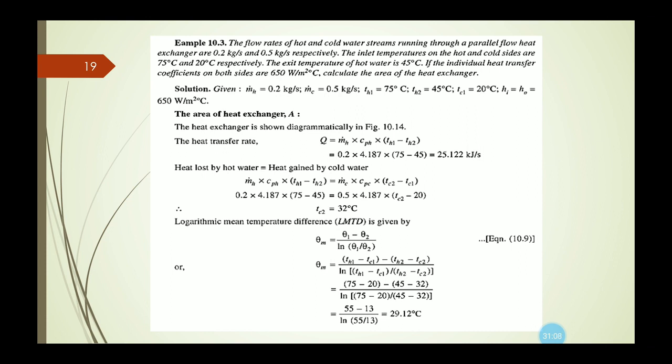In this equation, except for the value of Tc2, the outlet temperature of the cold fluid, all the values are given, or are default values that we need to remember, like the specific heat of water. If we put all these known values in this numerical, then after some steps we will get the outlet temperature of the cold fluid, that is 32 degrees centigrade.